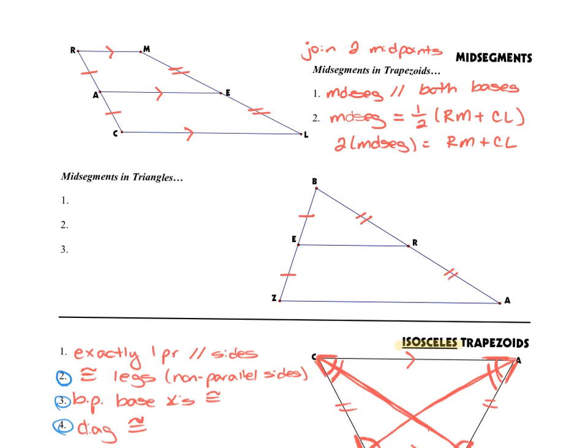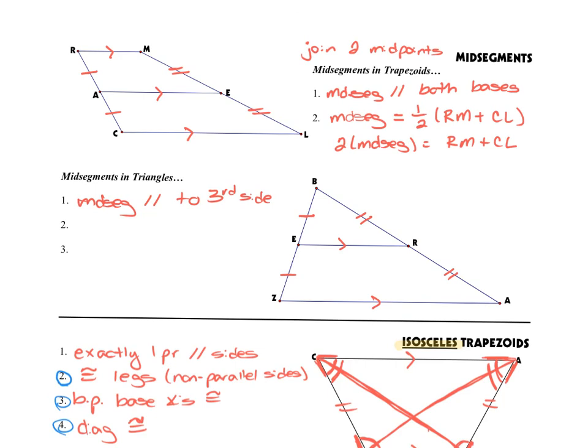And very similar to what we had for our midsegment in a trapezoid, we are going to find that our midsegment is parallel to the third side, the side that it doesn't intersect. So the midsegment, my pen's working a little funny here, sorry guys, is parallel to the third side. And remember, it has to be parallel to the one that it's not intersecting. So this is going to be parallel to this.